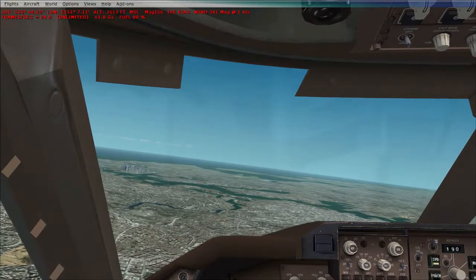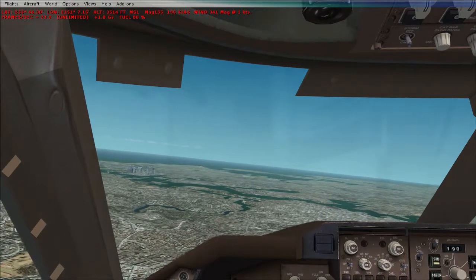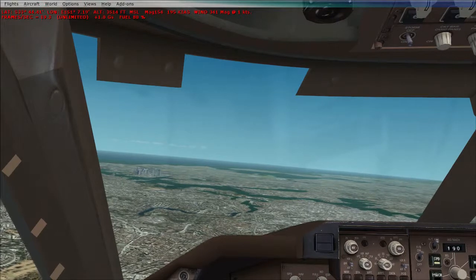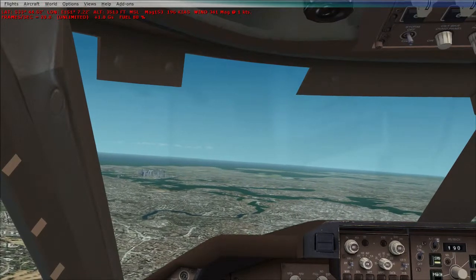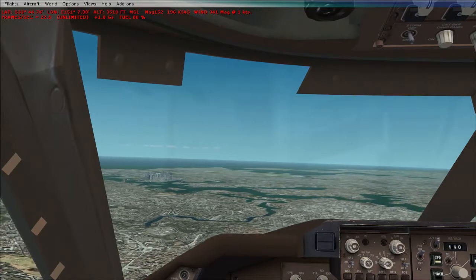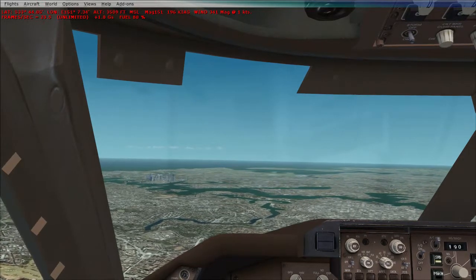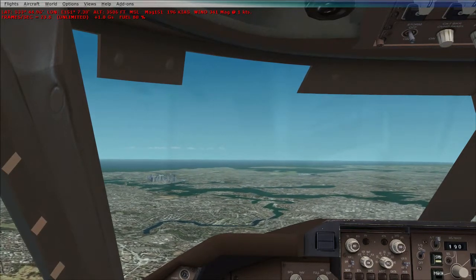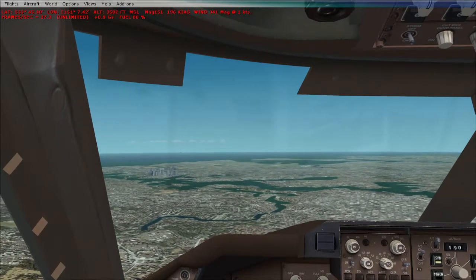We'll soon be dropping the undercarriage, but we'll only do that when the plane is stable on a glide slope. Okay, start dropping it now.